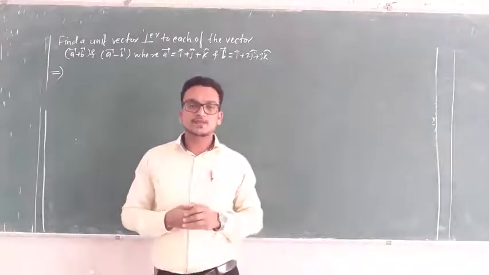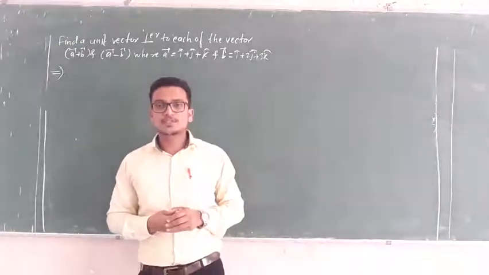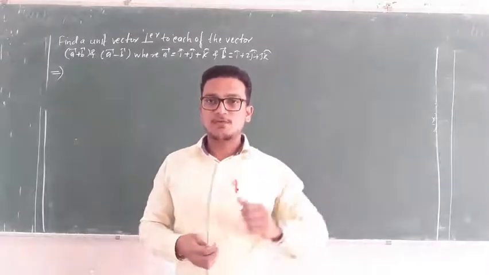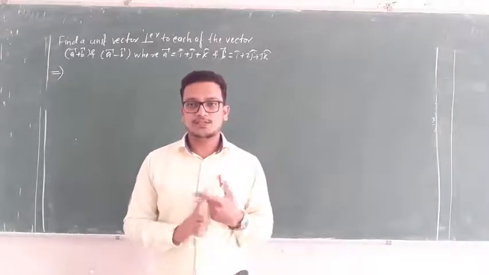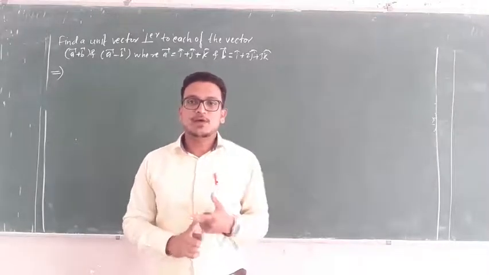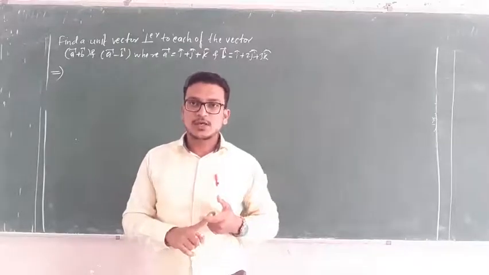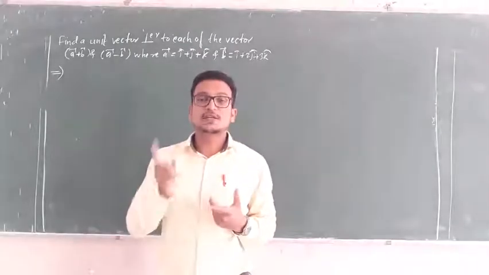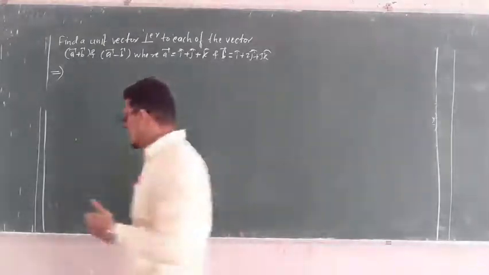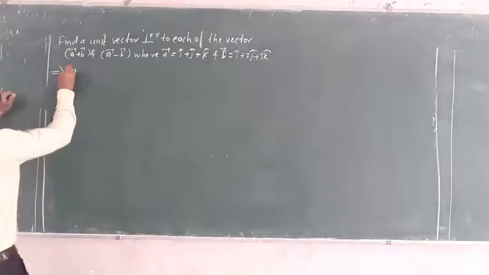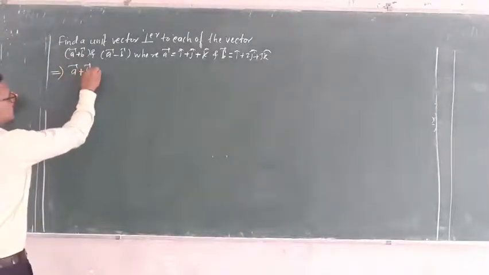So how to simplify this? It can be simplified in 3 steps. First, we have to find a plus b and a minus b. Next, we have to find their cross product, and then its magnitude, or you can say its unit vector. So first, we find a plus b.